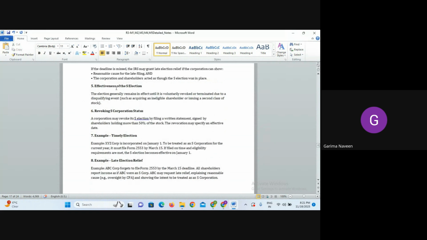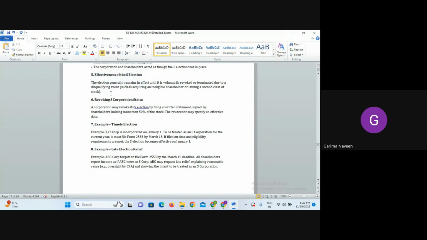Effectiveness of S corporation election. The election generally remains in effect until it is voluntarily terminated or terminated due to a disqualifying event. Okay. So your corporation will be treated as the S corporation unless or until you yourself elect to be treated as another corporation, or your status is terminated due to some ineligibility. Otherwise, there is no condition that you have to be an S corporation for this year only.